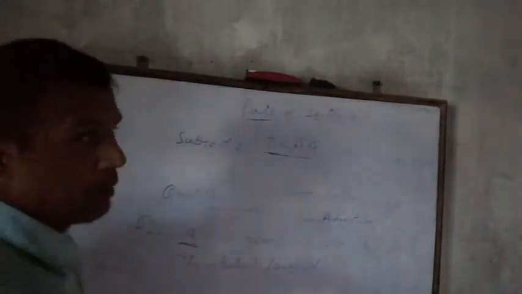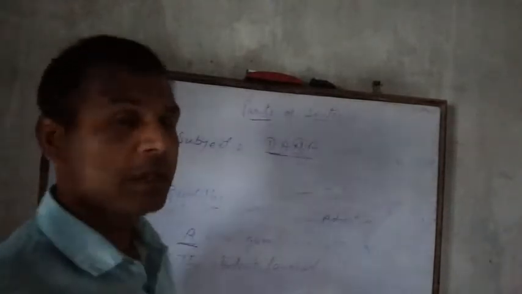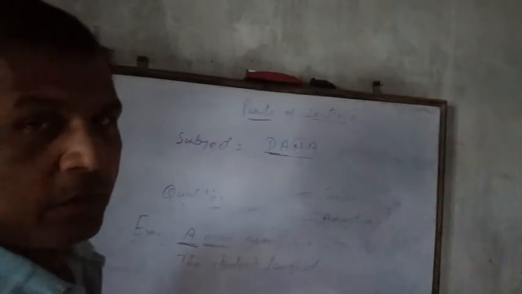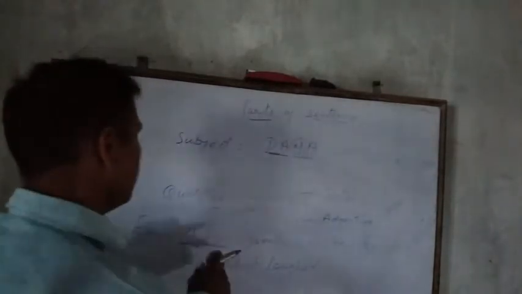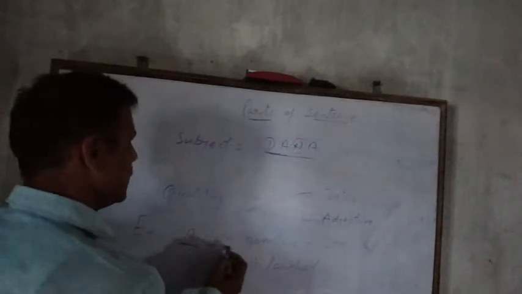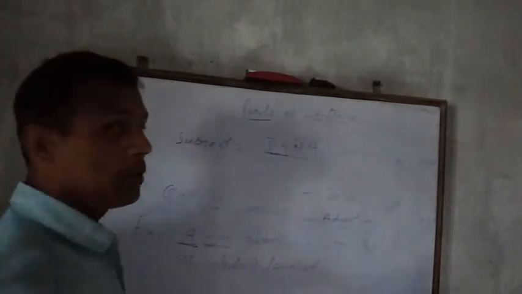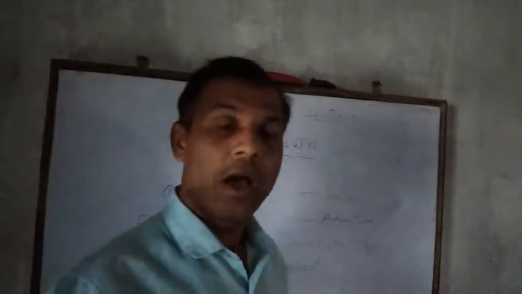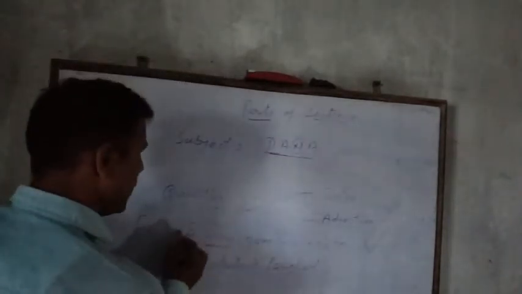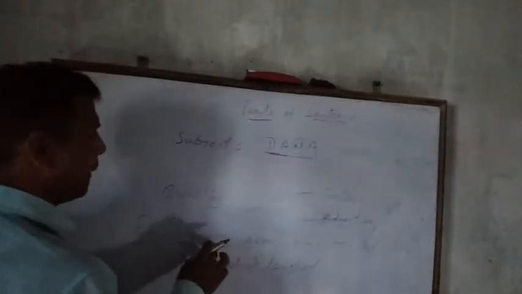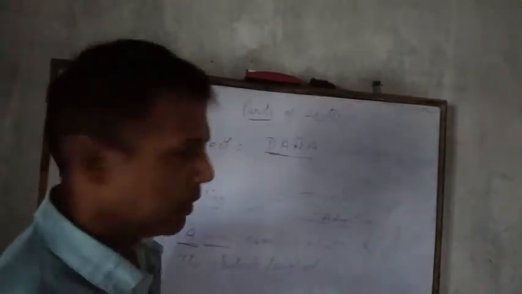हम यहाँ पर देखते हैं कि हम किसके बारे में बात कर रहे हैं? आदमी के बारे में बात कर रहे हैं. एक मैन के बारे में बात कर रहे हैं. Here we are discussing about a man. And man's quality, and determiner क्या है इसका? A man, not many men. So a is determiner here, and man is the head word.